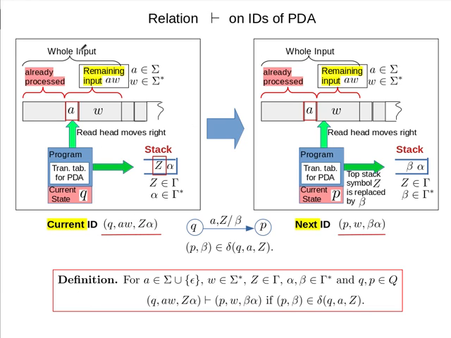And you remember that we also allow epsilon transition. So this A may not be just a symbol in sigma. It can also be epsilon. So in that case, it will be an epsilon transition.